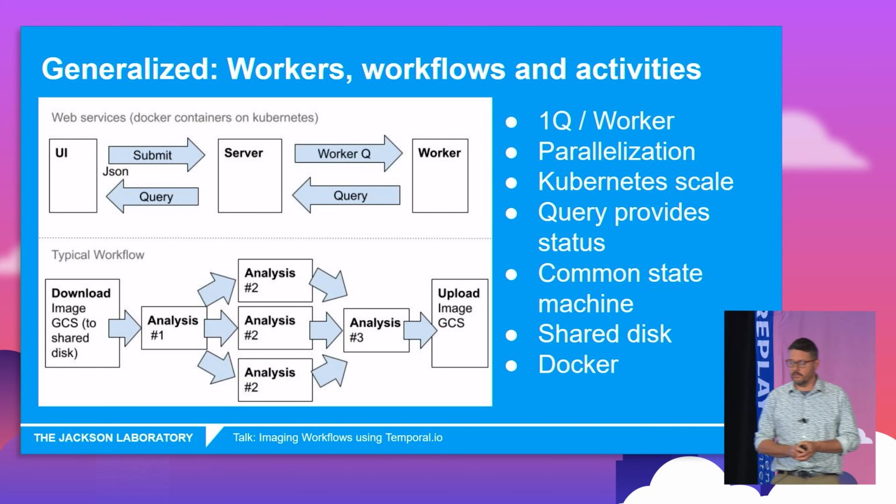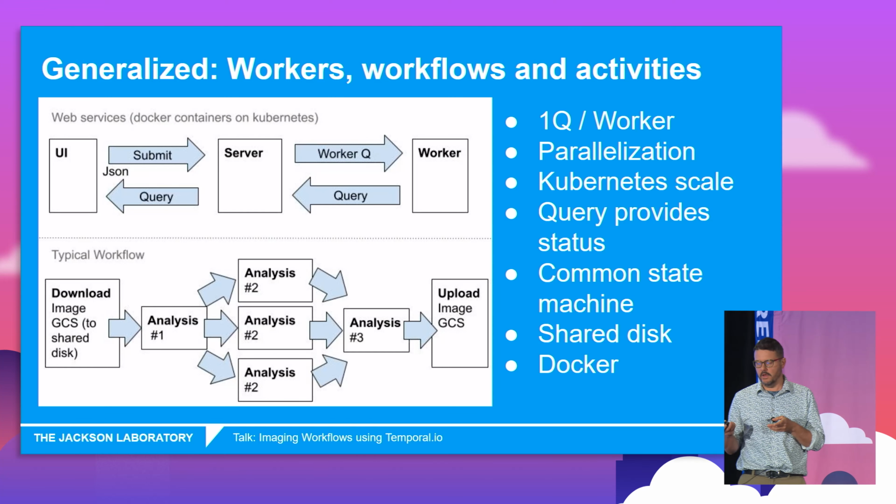As for how the workers work, they mostly follow a similar paradigm. At the top there, you've got the GUI, where we submit onto a server, and each worker has its own queue. Each worker responds with the same states, in a standardized way: queued, running, complete, or whatever.